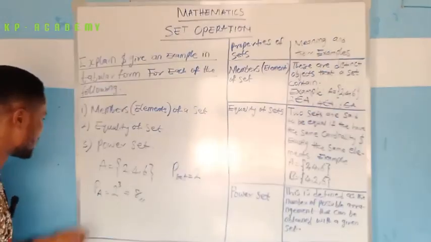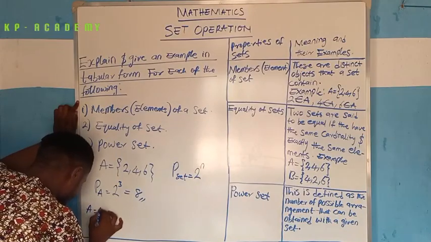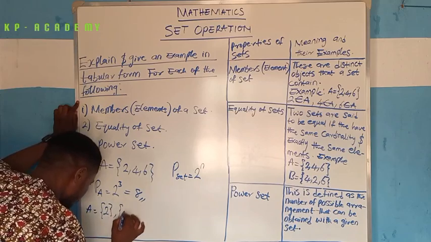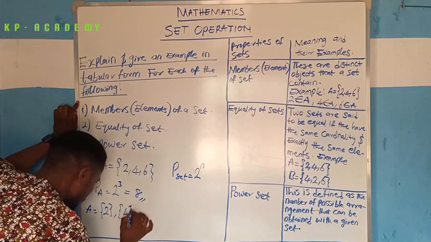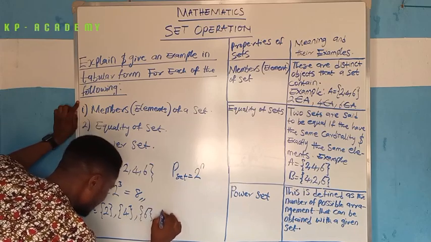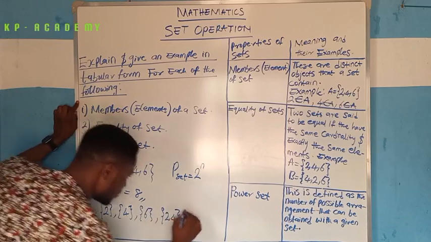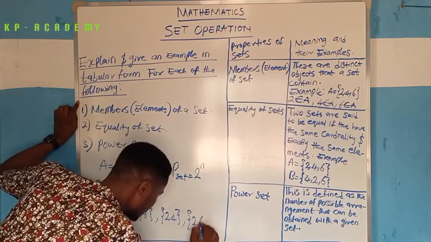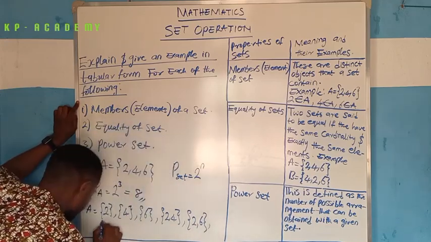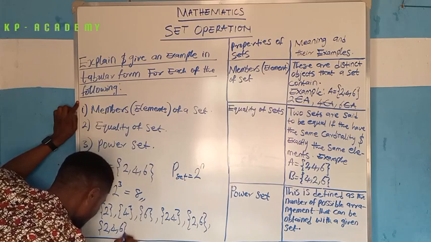So let me quickly do that. Therefore, set A can be arranged this way: set of 2, set of 4, set of 6, set of 2 comma 4, set of 2 comma 6, then set of 2, 4, 6.